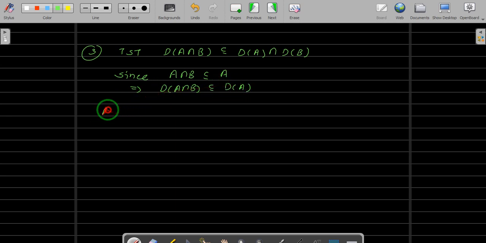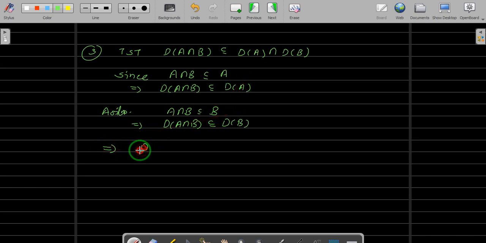Also, the same thing we can do for A intersection B subset of B. This implies the derived set of A intersection B is a subset of the derived set of B. This is by point 1, and from these two, the same set is a subset of each of the other two, so when you take the intersection, it will be a subset.